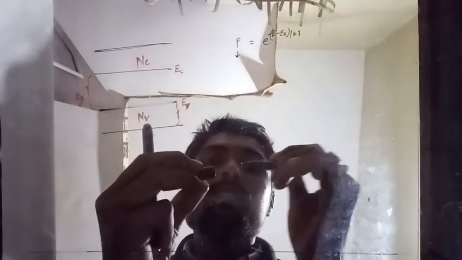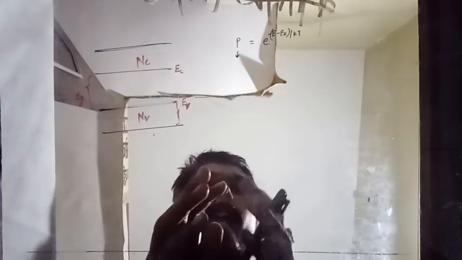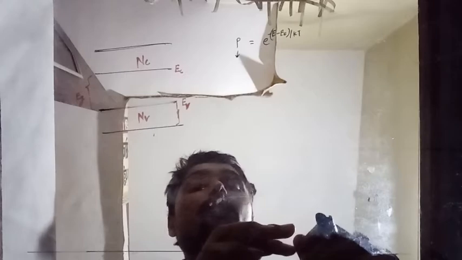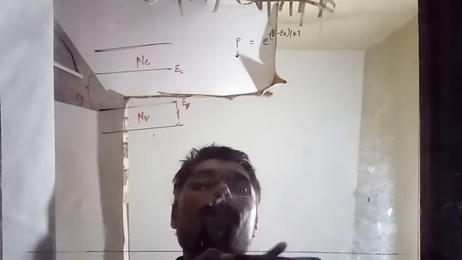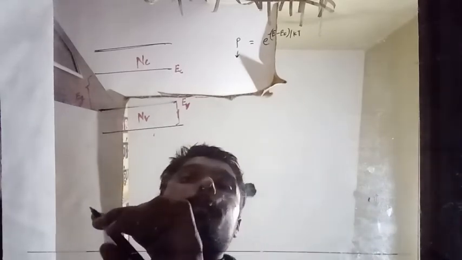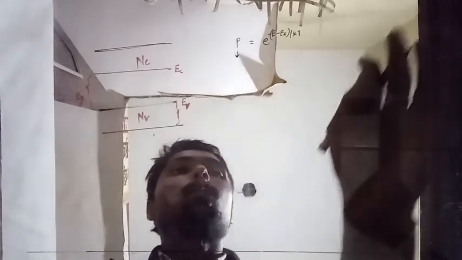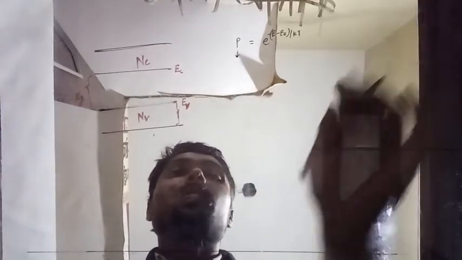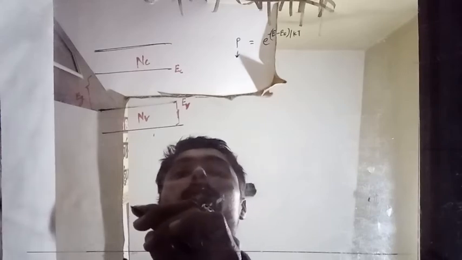Probability means how many electrons are present and how many could be possible there. So when I talk about intrinsic semiconductor, because today we are going to discuss intrinsic semiconductor materials, how many could be possible and what is the vacancy.